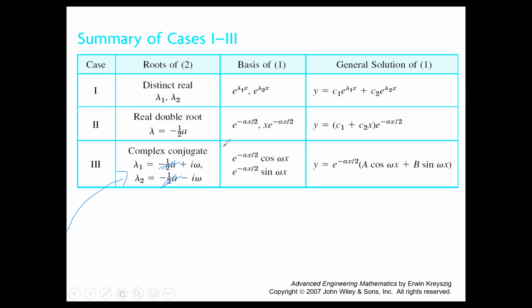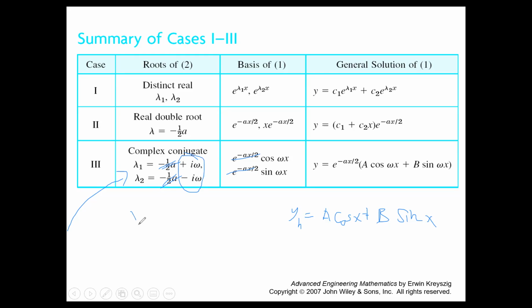So our solution will be yh equal to a cosine x plus b sine x, because omega is equal to 1.